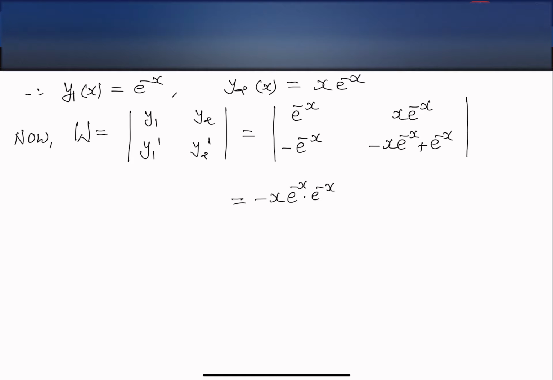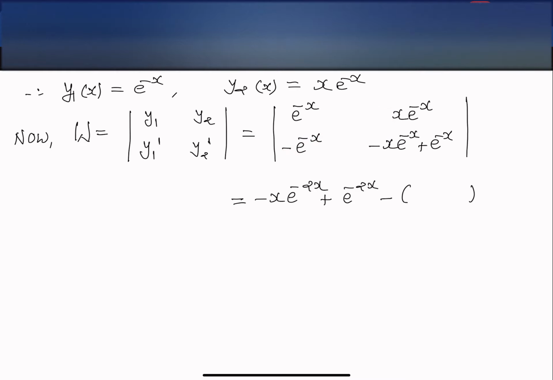So I am writing it as e raised to minus 2x plus e raised to minus x into e raised to minus x is e raised to minus 2x. Minus sign, and again I write something. Minus sign, then multiplication of these two. 1 minus sign I already have.